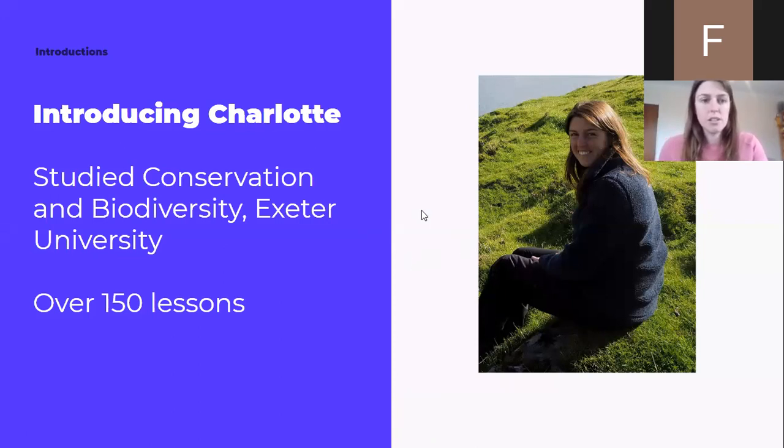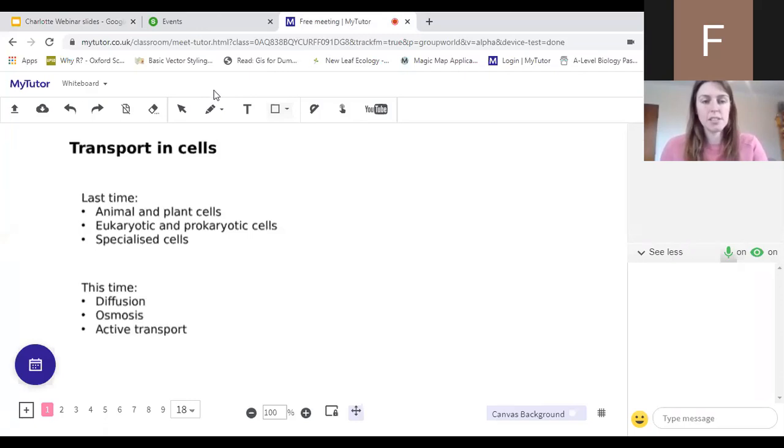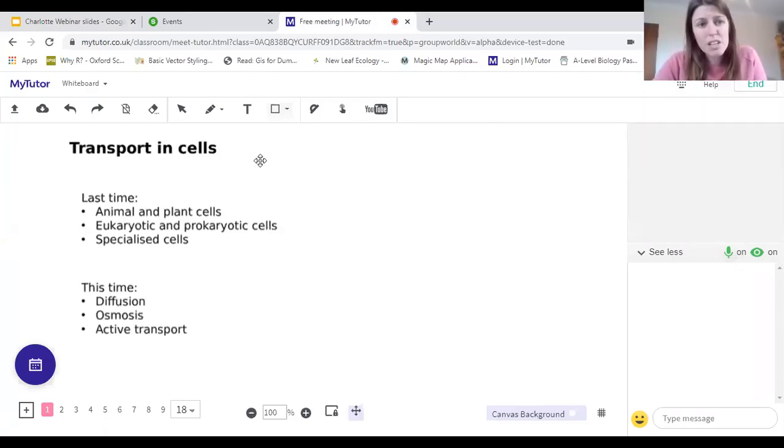So today's lesson is going to be about transport in cells. It follows on from yesterday's lesson, which was about cell biology. So if you attended that one, then this will follow on nicely from some of the things that we discussed. If you didn't, then no problem. This also stands on its own.